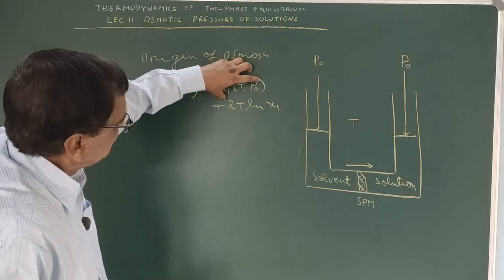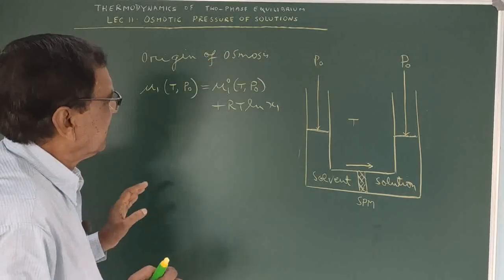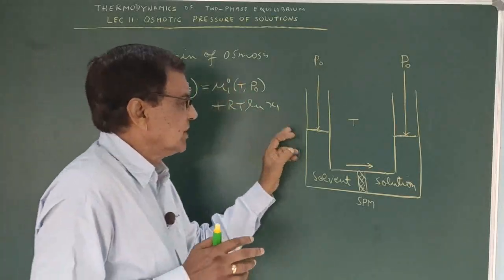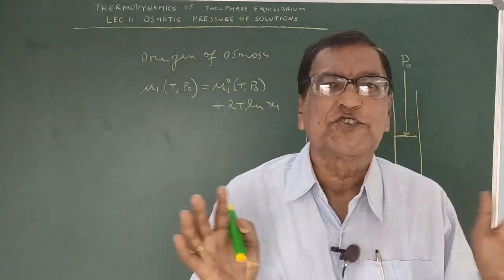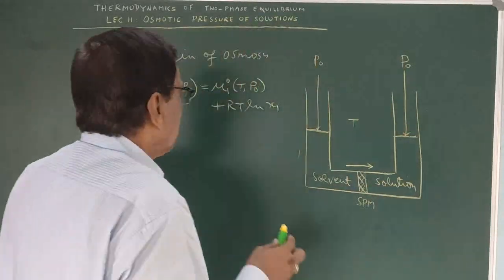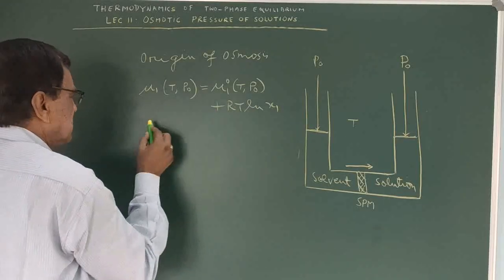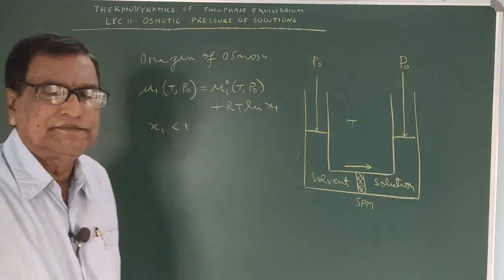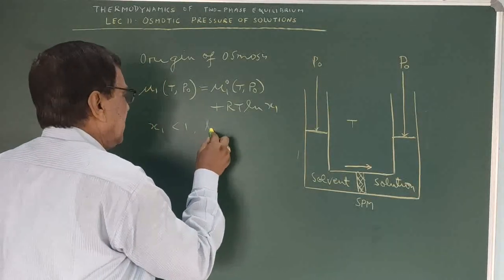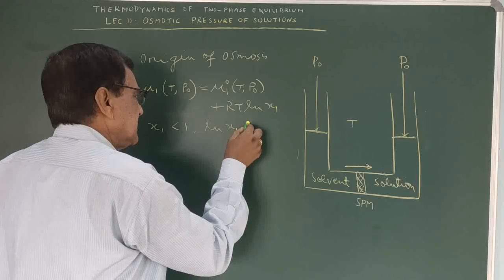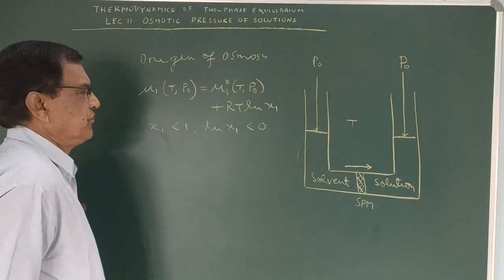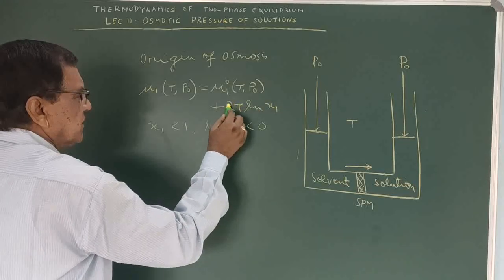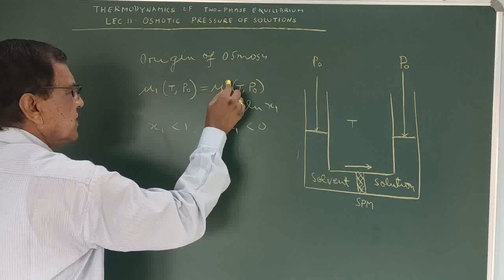This is the chemical potential of the pure solvent at the same temperature and pressure, and x1 is the mole fraction of the solvent in solution. x1 is always less than 1 in solution, so ln x1 is less than 0. So this one is negative. These two are positive, this is negative, so this one is greater.